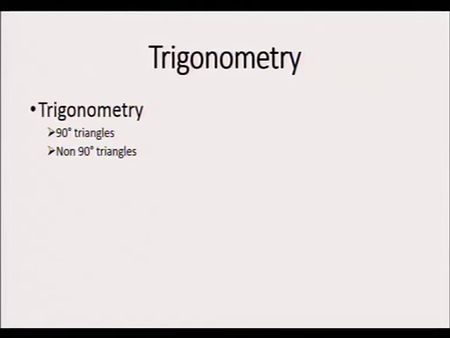We should also be able to do calculations on non-90-degree triangles. That is how to apply the cosine and sine rules. So to find the area of a non-90-degree triangle, the length and stuff like that.